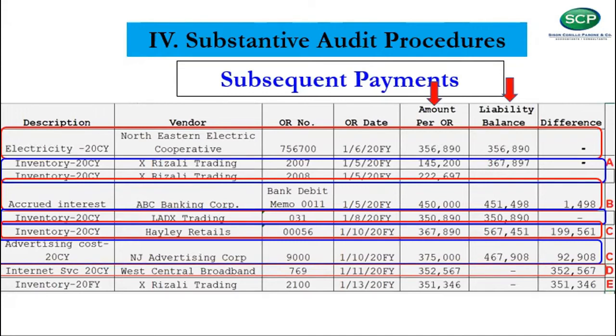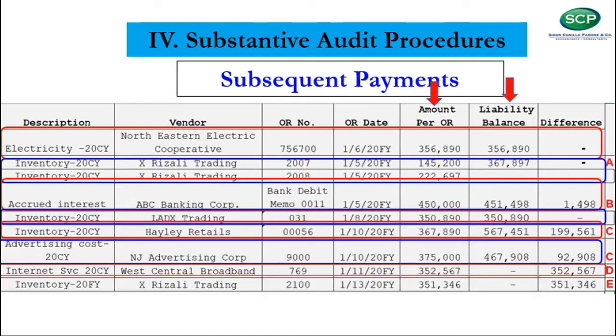So nakita natin yung entry niya for this was a debit to internet expense or communication expense for 352,567 and a credit to cash. But since the service was provided to the company in 20 CY, this amount should have been recorded as an outstanding obligation as of December 31, 20 CY.